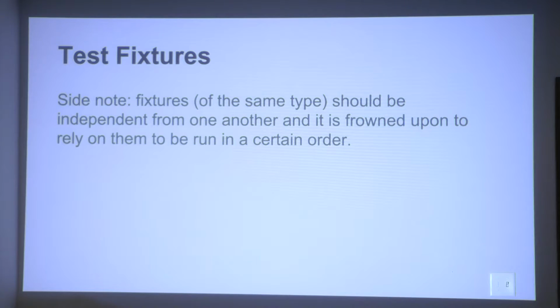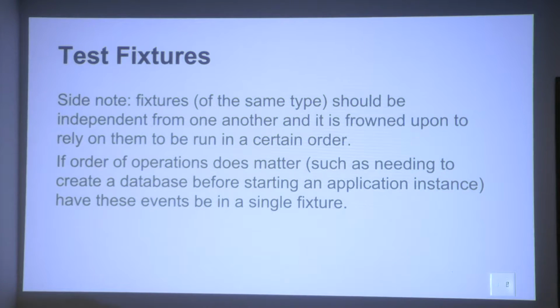Fixtures of the same type should be independent from one another. So if the order of operation matters, in this case before we start a server instance we need to create our database, have that in a single fixture.